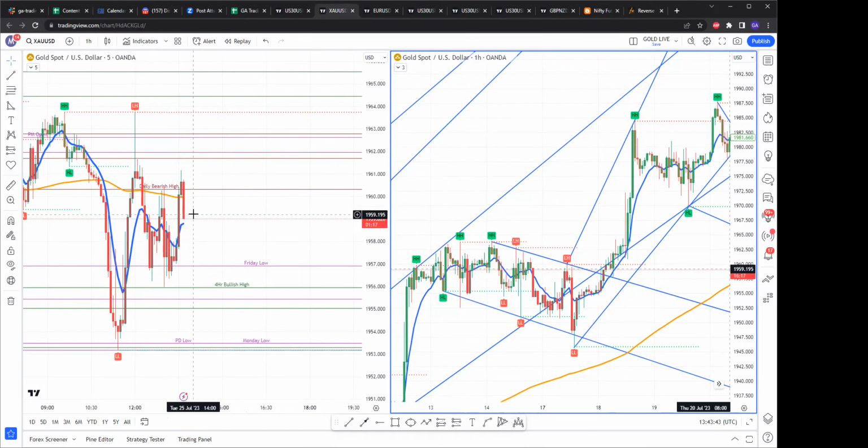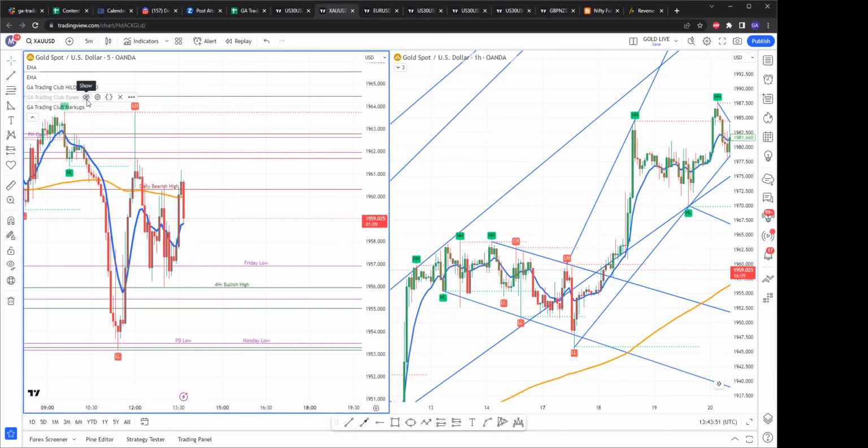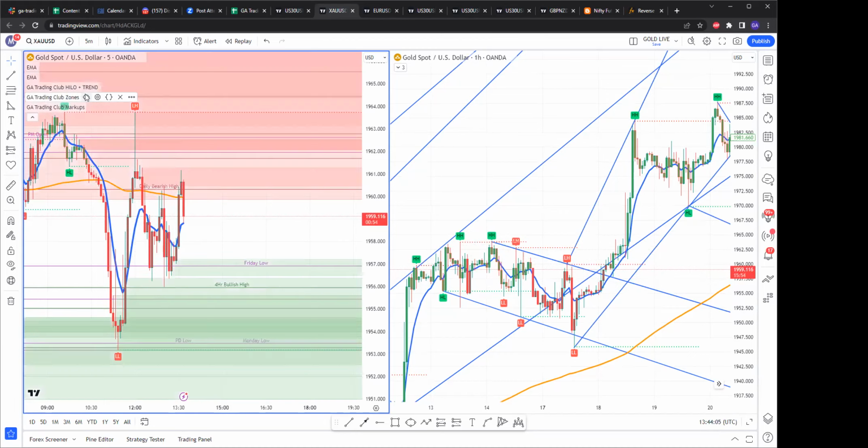But for me, daily zones, remember, for me, higher time frame order blocks always supersede lower time frame order blocks. So if I turn on the zones indicator, for me to look for a sell, because right now I'm biased for sells on gold, I want to see sellers around the 1960 area.